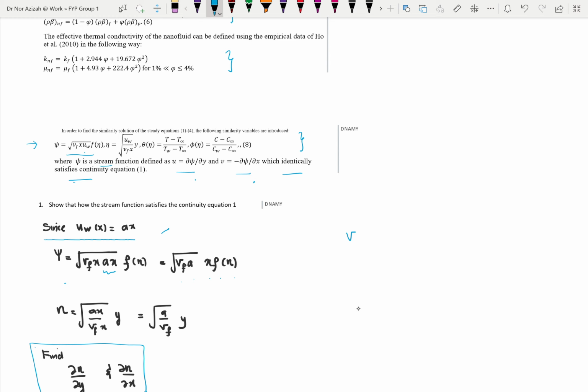The name of the symbol is psi, and then we have also eta here. Eta is also the similarity variable.